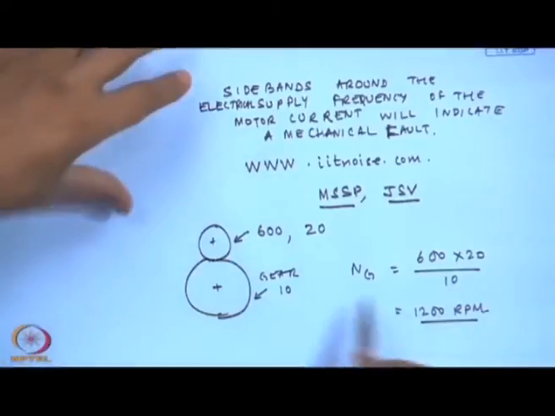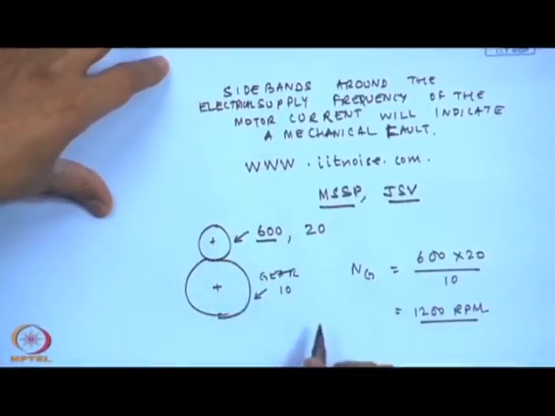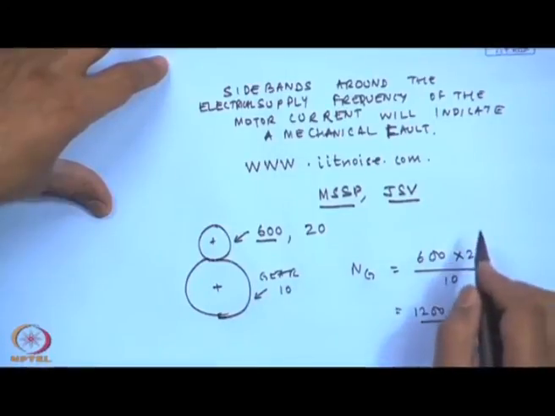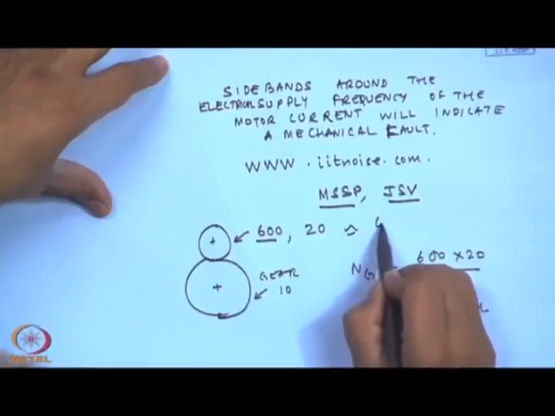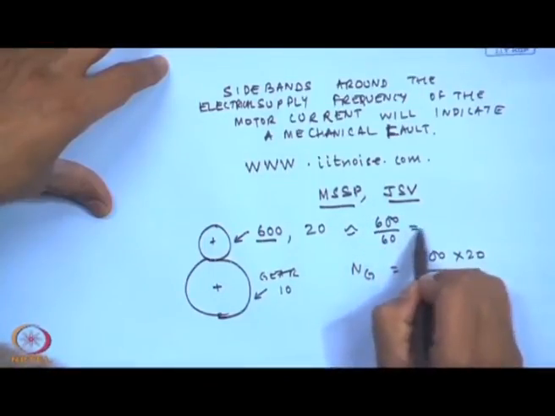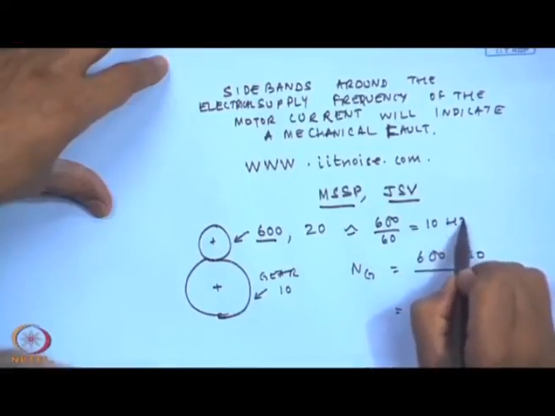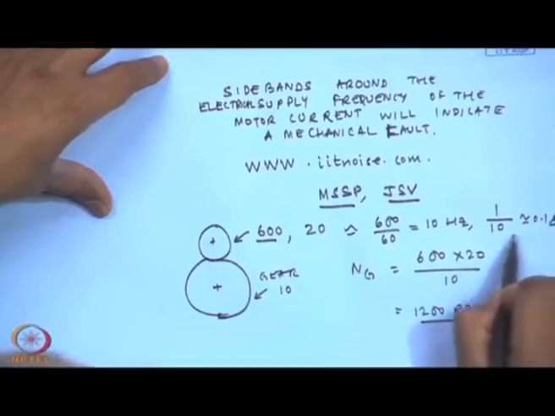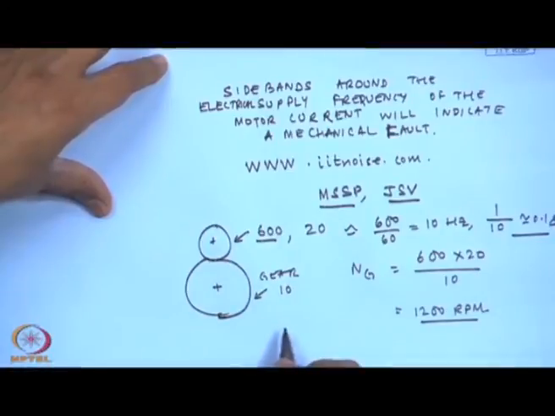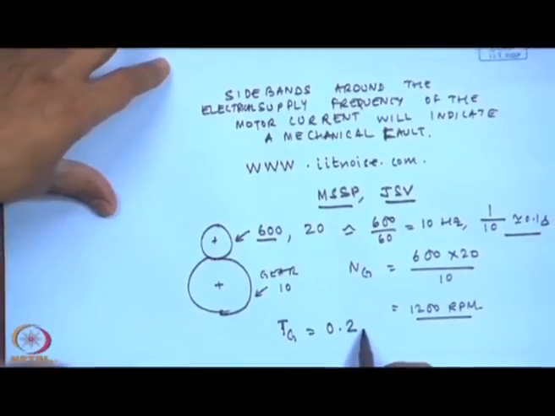So, one rotates at 600 RPM, the other rotates at 1200 RPM, and the inverse time period would be. 600 RPM corresponds to 600 by 60, that is 10 hertz. So, the time period is 1 by 10, that is 0.1 second for this one, and for this one it will be just twice, so the time period will be 0.2 seconds.